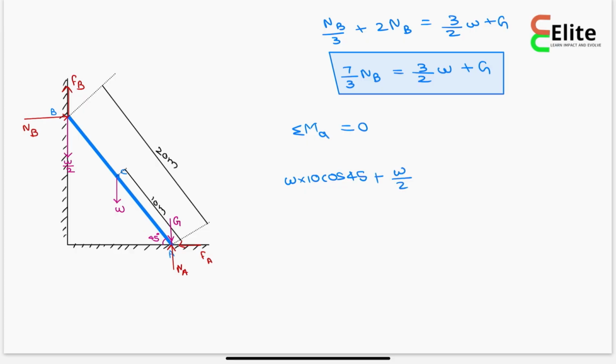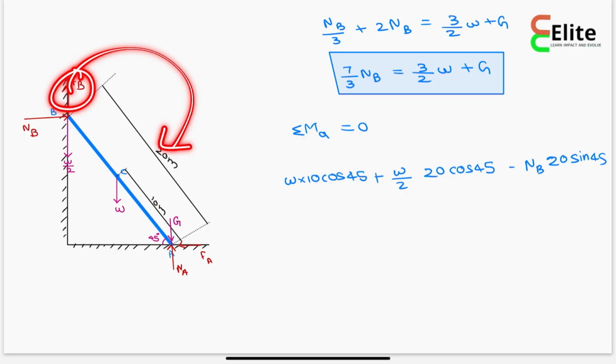So W by 2 into 20 cos 45, and this force NB produces a clockwise moment at point A, and the distance is 20 sine 45. So this is minus NB into 20 sine 45.